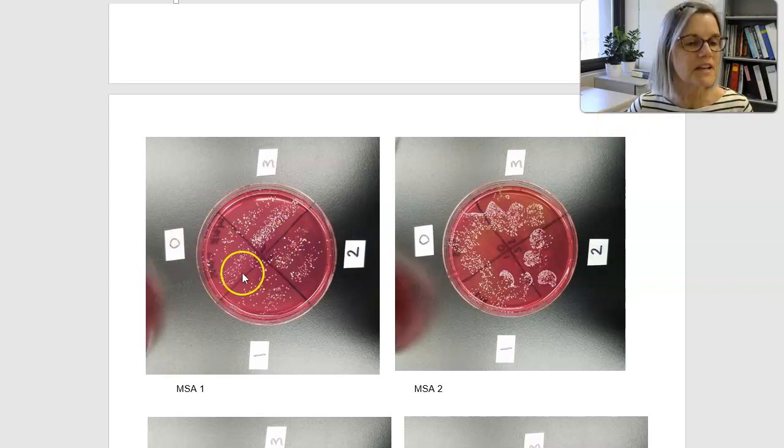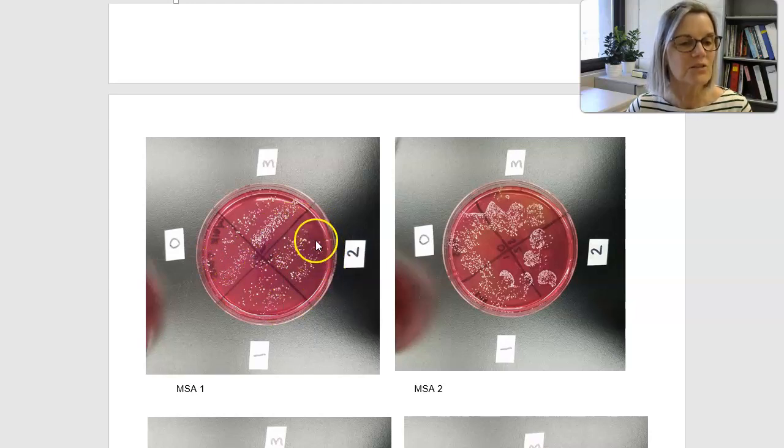So if I call this 3, then I go to section 1 and I say, section 1 after 1 hand wash looks a whole lot like section 0. So I'm going to give that a 3 also. When I look at section 2, I think, oh, section 2 looks a whole lot like section 0 and 1.